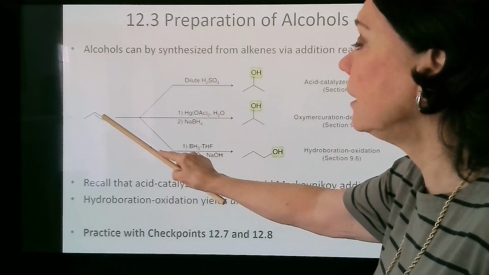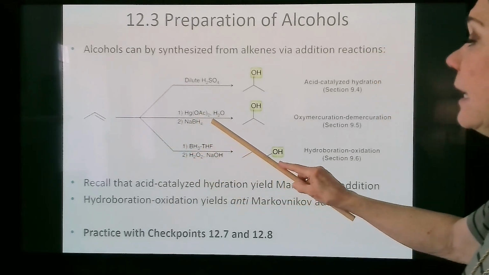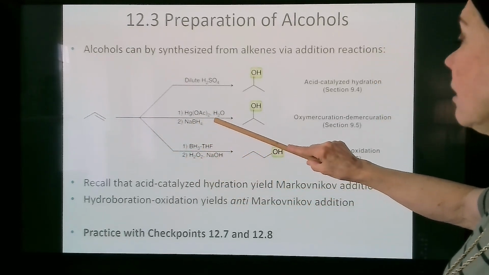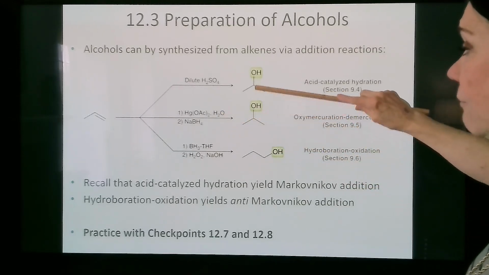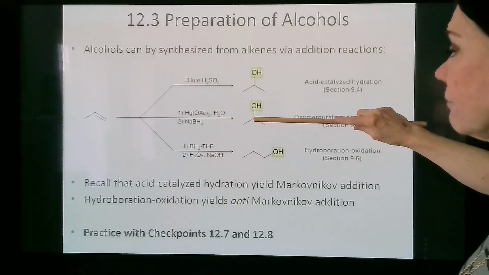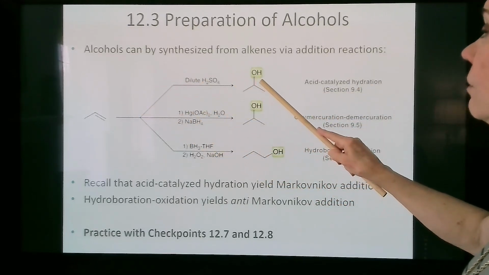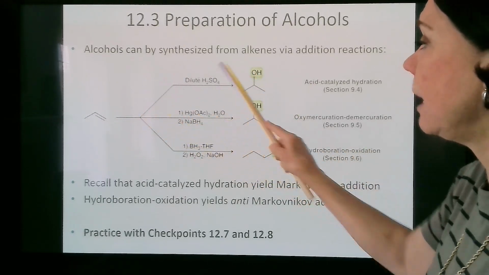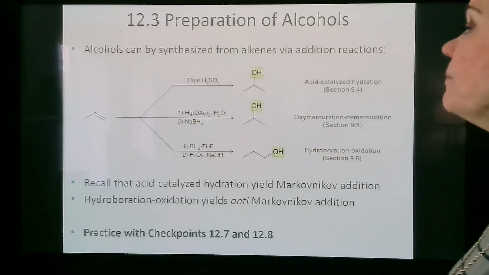And so you're going to get the acid-catalyzed addition of water across the double bond. Here, remember, this is oxymercuration, and oxymercuration also gives you the Markovnikov addition. Both of these are Markovnikov addition. When you're going through the cation, as this one does, because the first step in the top mechanism is going to be protonation to give you the cation.